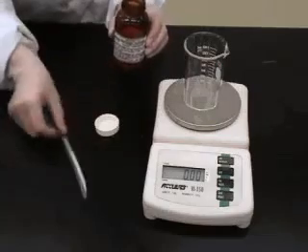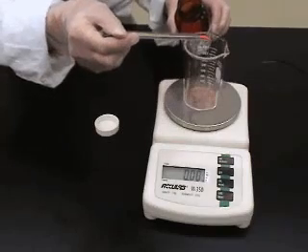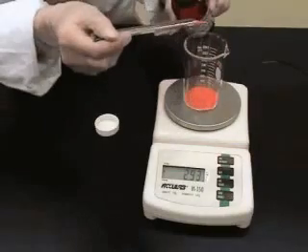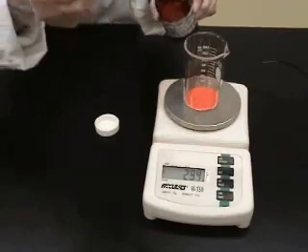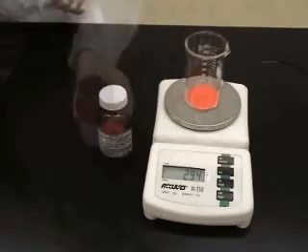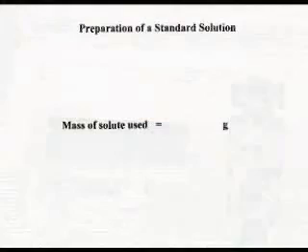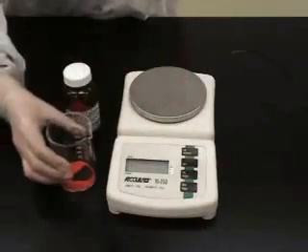In this case, it was 2.94 grams. Record this mass in your data table. We may now turn the balance off and remove the beaker.